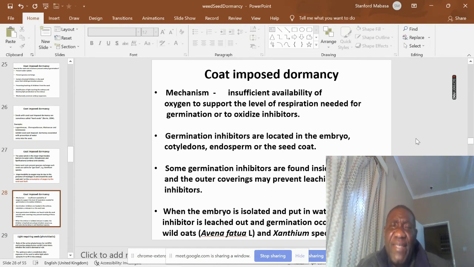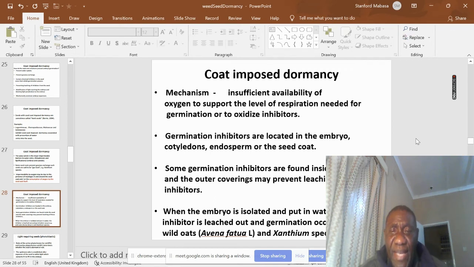So you may have insufficient availability of oxygen to support respiration for the germination process, or oxygen may not be sufficient to oxidize the inhibitors, which have to be broken first prior to the germination process. Please remember that the germination inhibitors are actually located in the embryo, cotyledons, endosperm, or seed coat. That is where you may find the inhibitors.